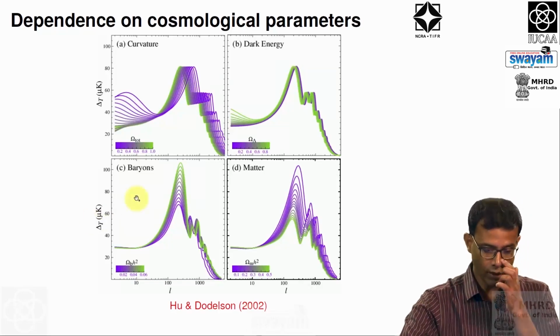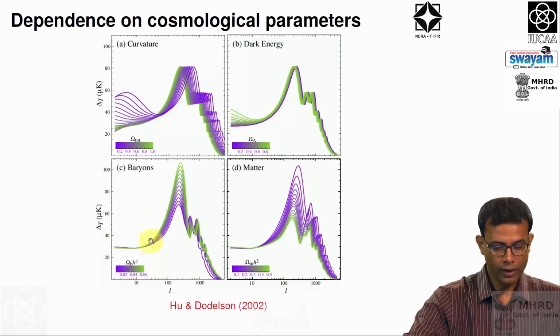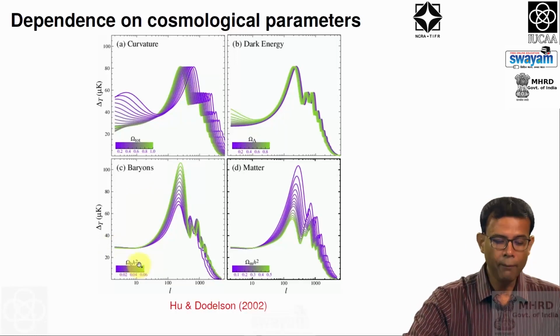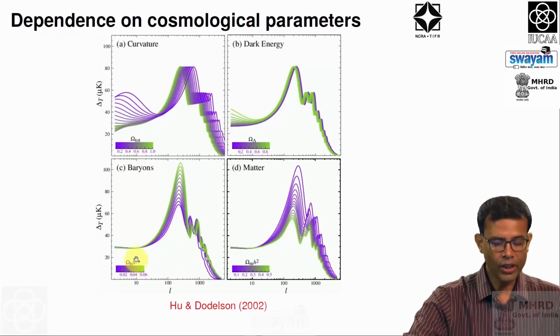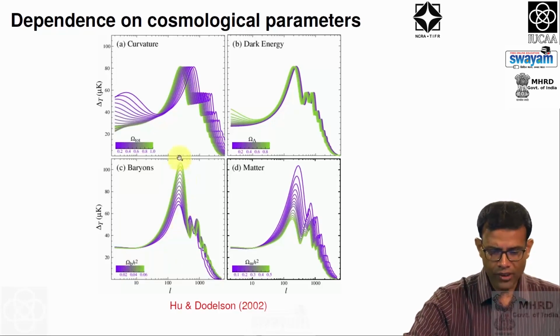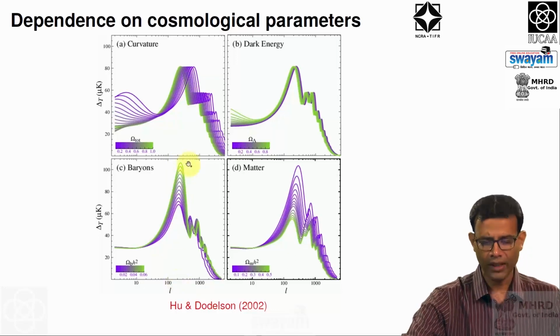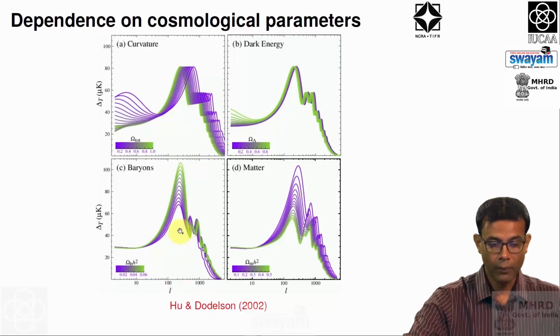What happens to baryons? So, this is the dependence on the value of omega b multiplied by h squared. You can see if I change omega b, the location of the first peak does not change that much, there is a small change maybe, but the amplitude changes drastically. So, again if one can measure the amplitude of the first peak, that gives you a handle over omega b.